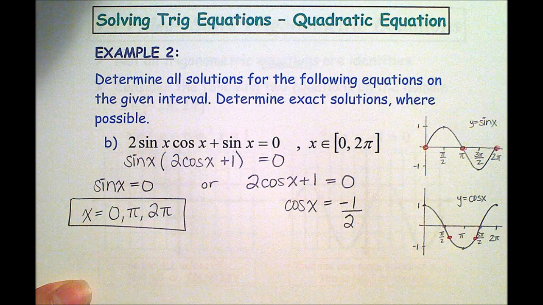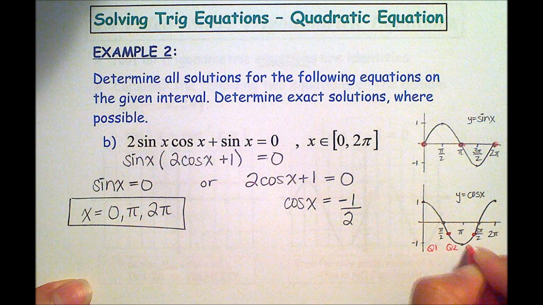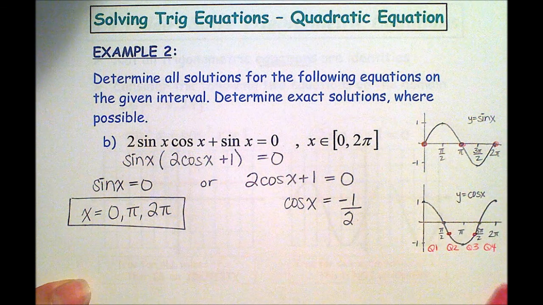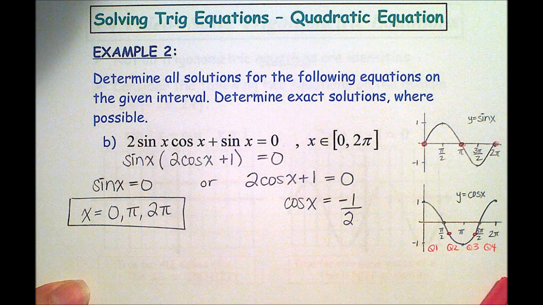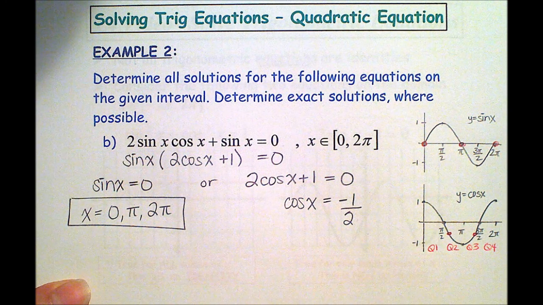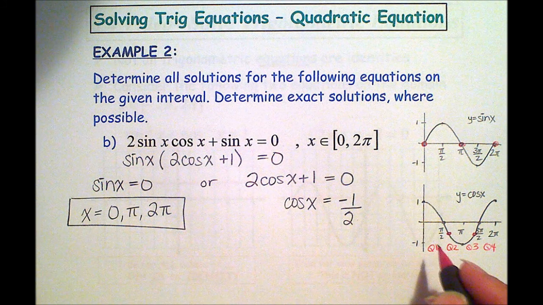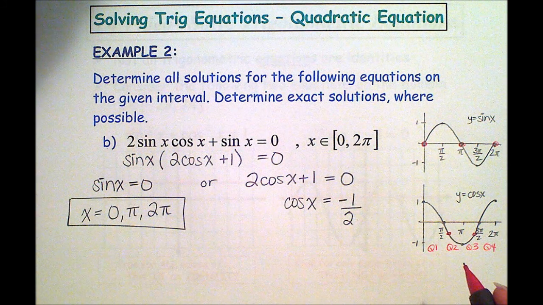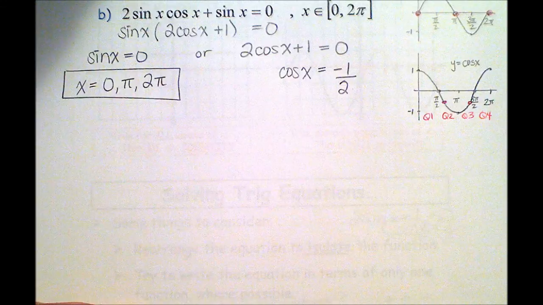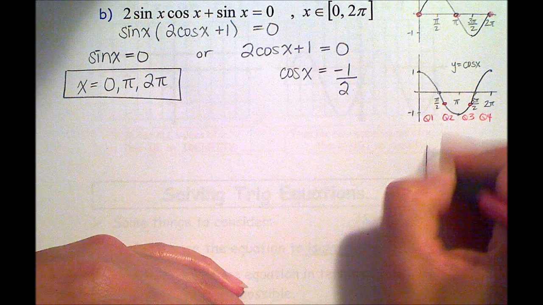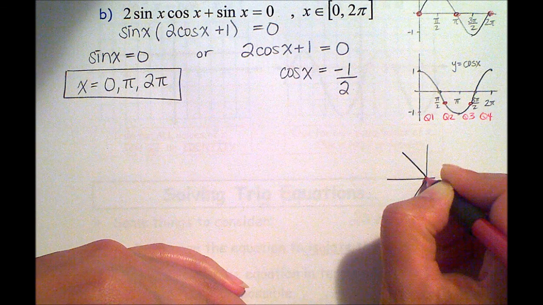And what you can see is that this is quadrant 1, this is quadrant 2, quadrant 3, and quadrant 4. And so the angles we're going to be looking at are in quadrants 2 and 3. Okay? So let's take a look at what the angle would look like. We'll draw our terminal arm diagrams as well to help us figure this out. So quadrant 2 looks like that. Quadrant 3 looks like that.